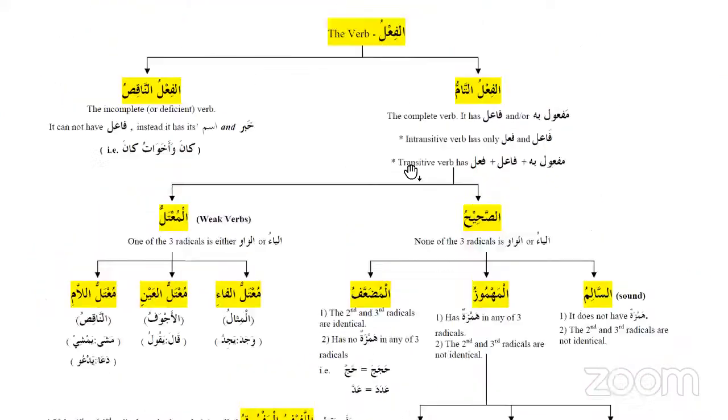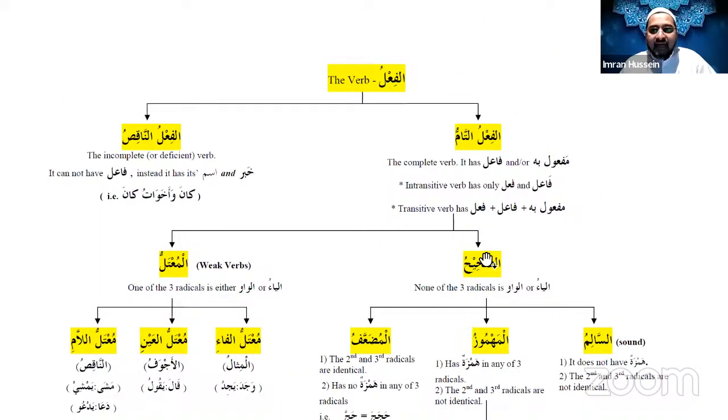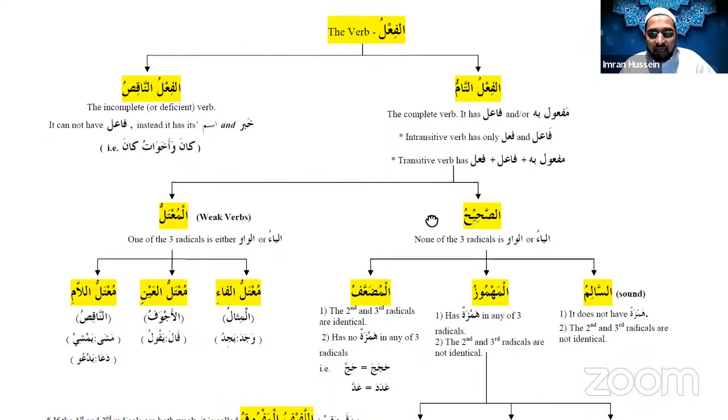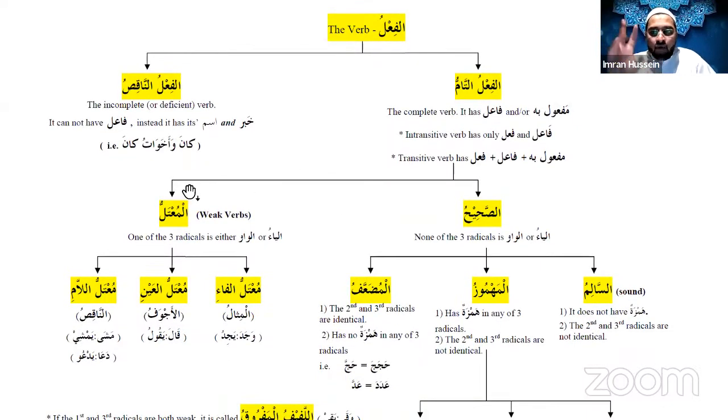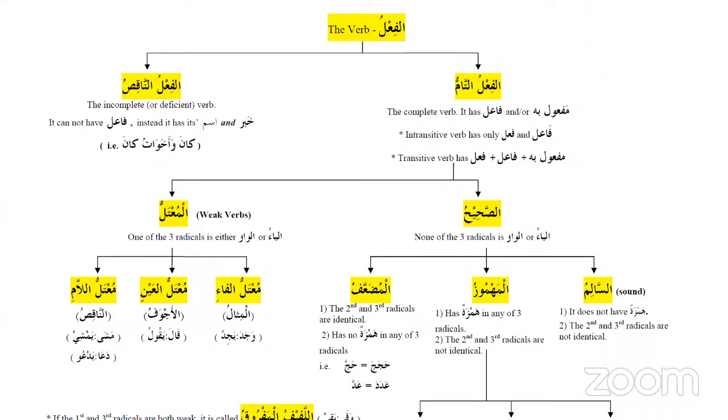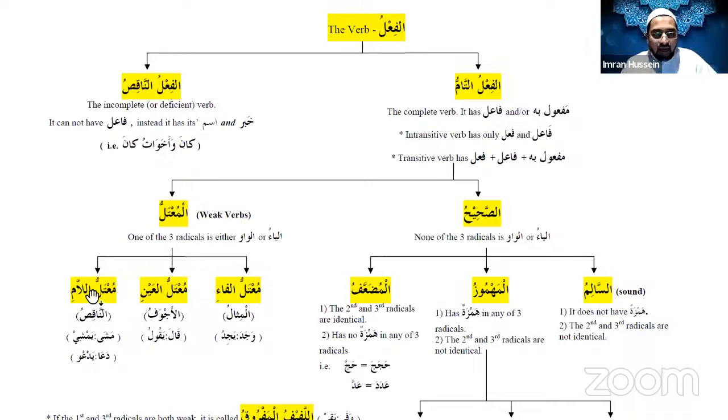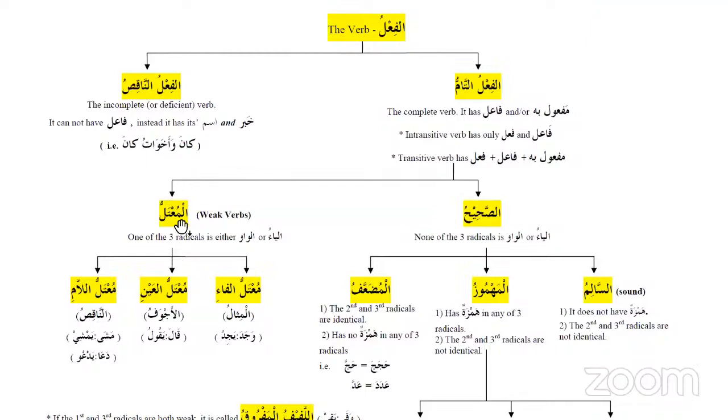Now, the complete verb, fi'l tamm, has a subcategory. This subcategory depends upon the three radicals, the fa, ain, lam. If any of the three letters, the fa, ain, lam, has a weak letter, then what type of verb will it be named? Fi'l al-mu'tal.